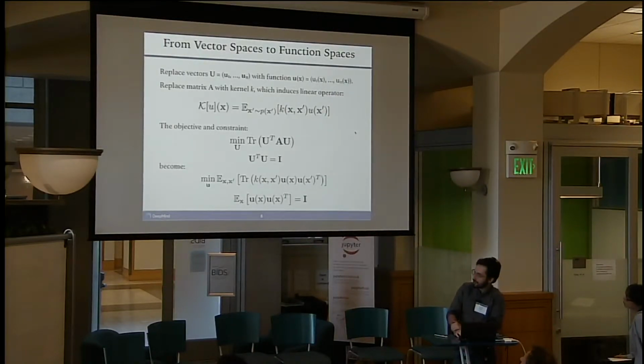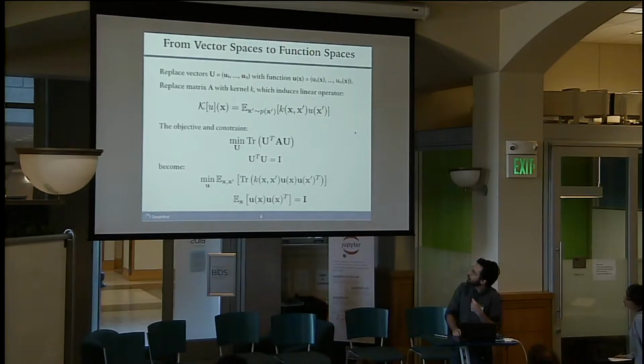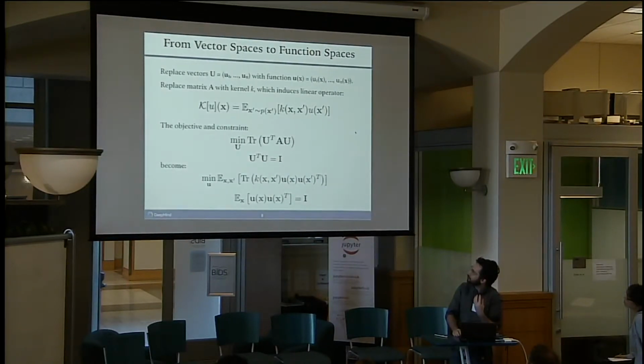But to do this in the case where we're able to generalize to new data points, implicitly we're not just trying to compute eigenvectors of a fixed matrix. What we're really trying to compute is eigenfunctions of some operator, and your training data is basically just giving you samples from these functions. So the problem we're actually trying to solve is to generalize from a vector space to a function space.